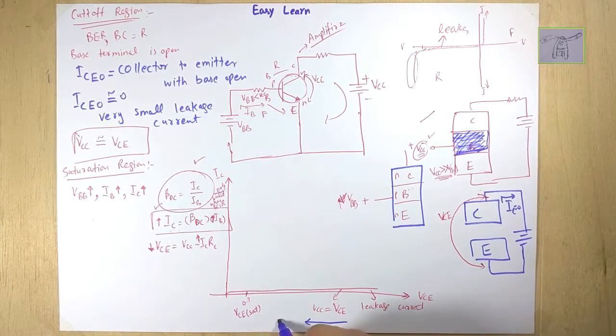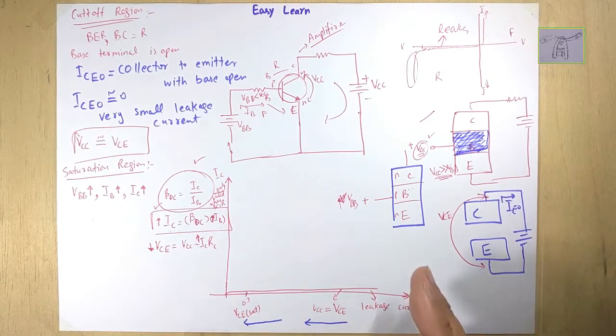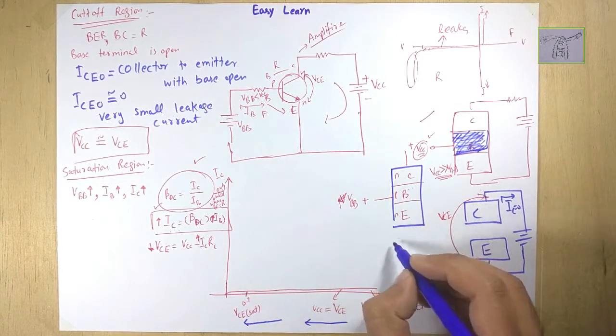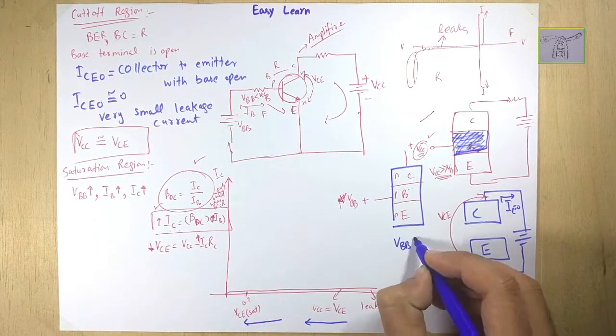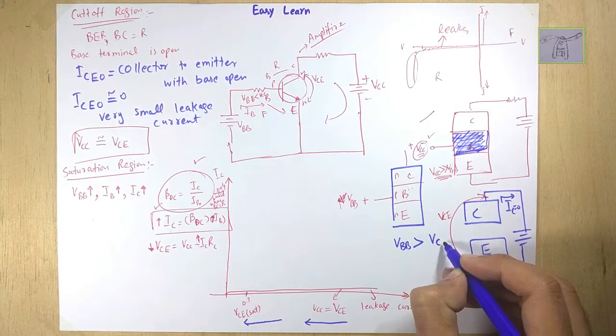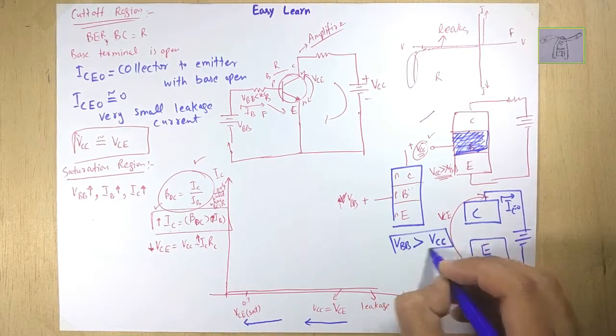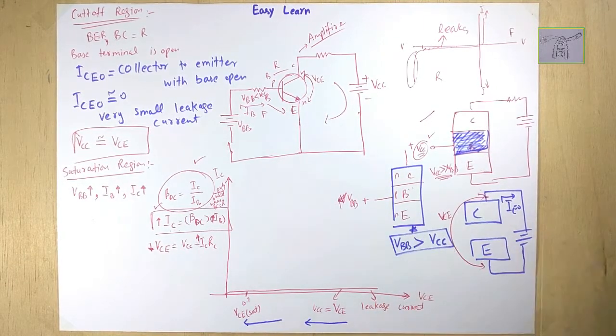And if it keeps decreasing, we reach a point called the VCE saturation point. The VCE saturation point is the point when VBB increases beyond VCC. That is the very important point. If you focus on this point, this is the total summary of today's episode and the previous episode.